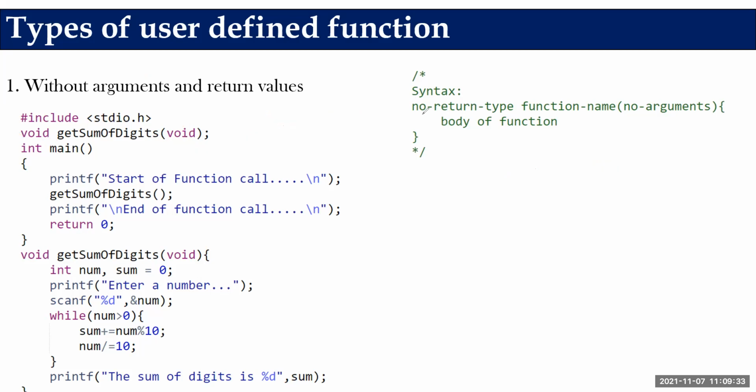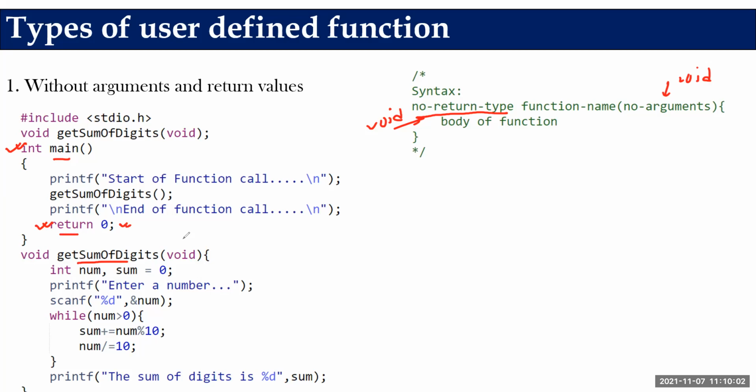Now look at the syntax. No return type means void. No arguments means void. The rest of the things remain the same. Now look at this code. We have 2 functions: one is the main method, another is getSumOfDigits. The main method has a return type integer, so the last statement of the main method is a return statement returning an integer.